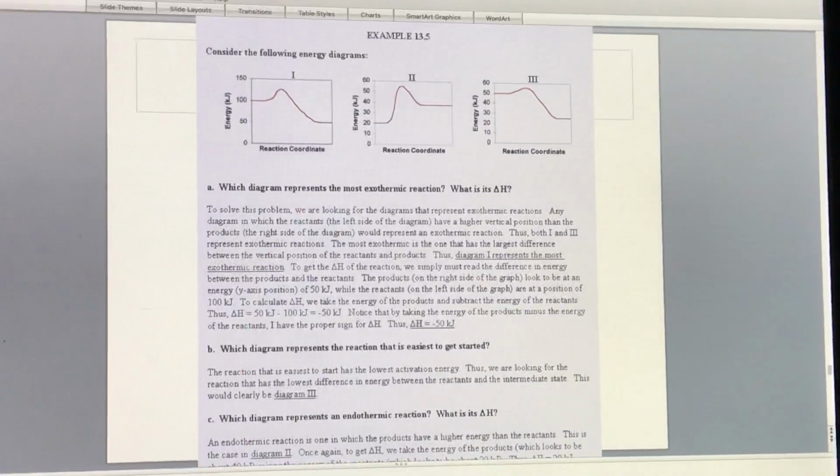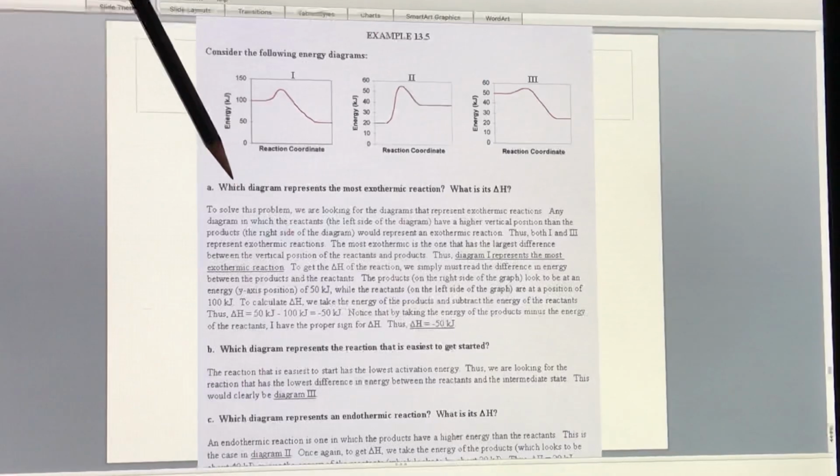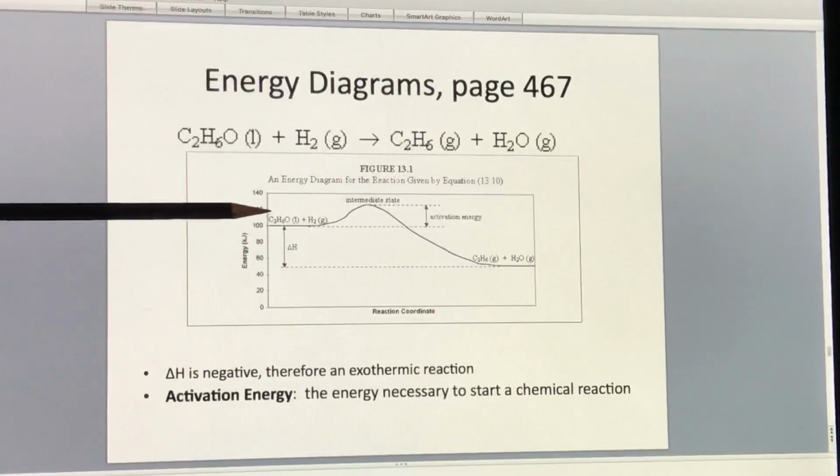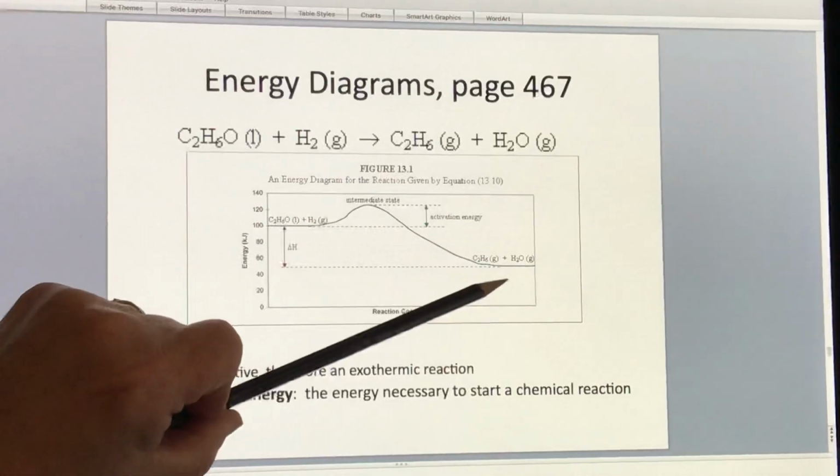All right, let's look at this example in your book. I'm guessing it's about page 470. You can consider these various energy diagrams. So it says, which diagram represents the most exothermic reaction? All right, so we remember, based on this, on exothermic it should start high and end low.